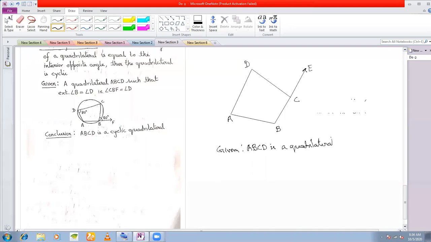Additionally, it is given to you that the exterior angle of this quadrilateral is equal to its interior opposite angle.